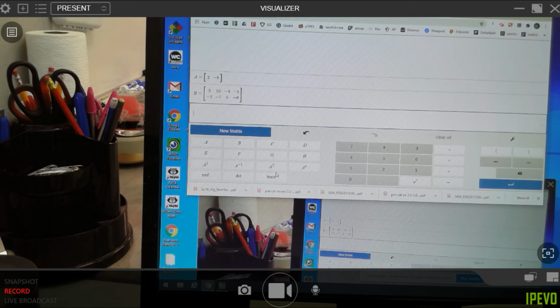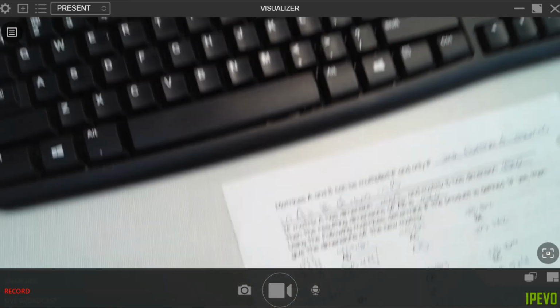So then when I type this in, I'm literally just typing A on my keyboard, hitting the times button, and hitting B on my keyboard, and hitting enter. These are the numbers I'm just writing down for them. So now I'm going to come back down to my paper.